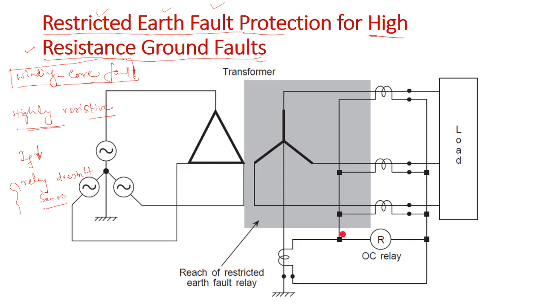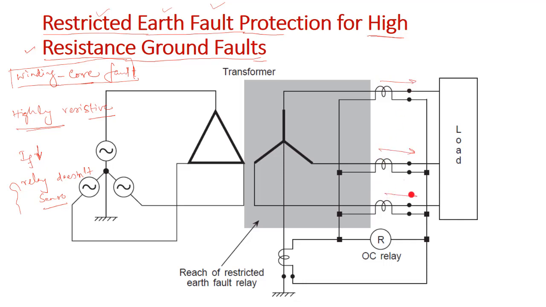Similarly, we can see here we have 4 CTs connected together: 3 CTs in the 3 phases, and 1 more CT is connected in the neutral wire, which is connected to the ground, right?